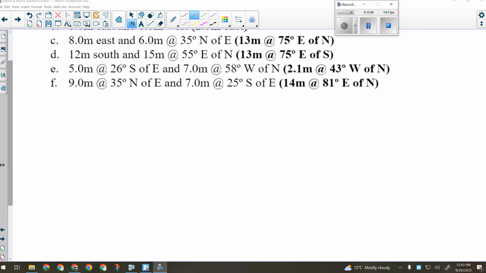Okay, so for E, which is the one we're working on here, our first vector is 5 meters at 26 degrees south of east. All right, so my reference direction is east. Okay, so I'm going to do that, and I'm going to go 26 degrees south of that for 5 meters.